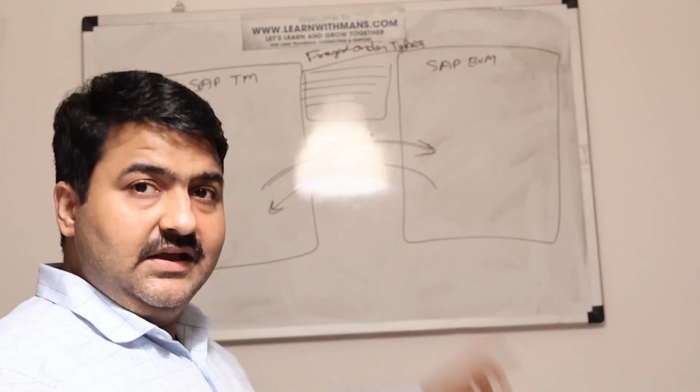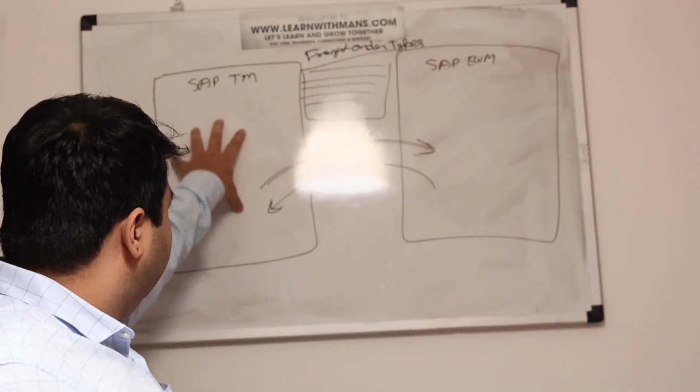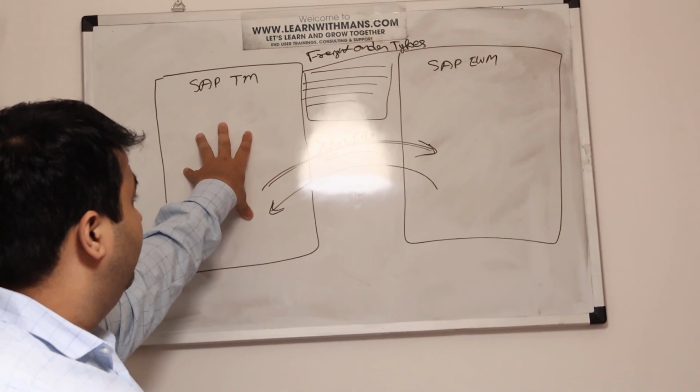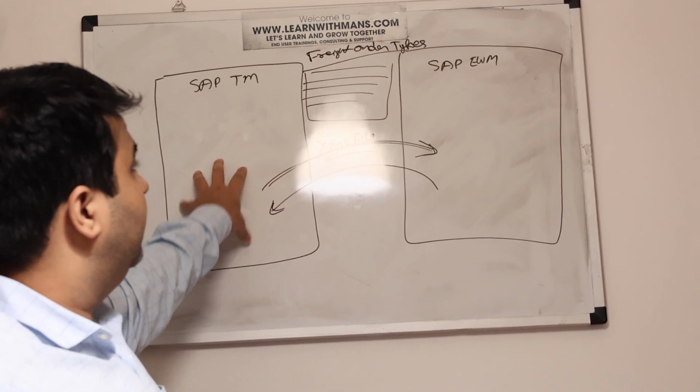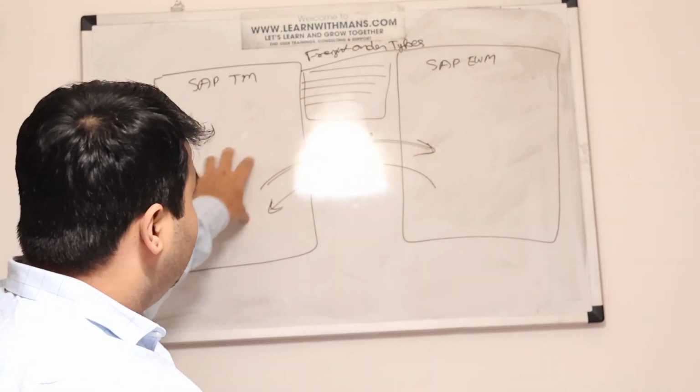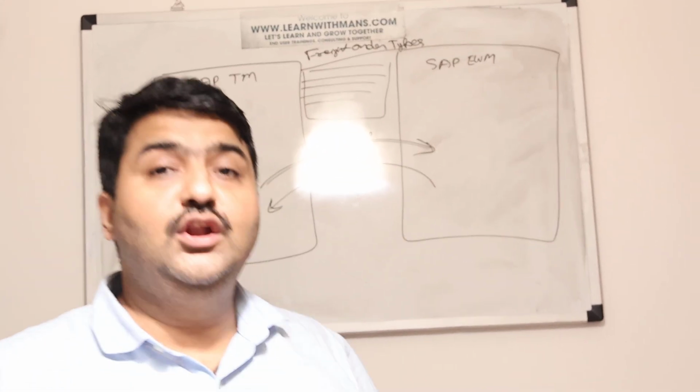So what does the XML file actually do? All the planning we perform here in the TM system will reach from TM to the EWM side. How? This XML file is a loader, like an IDOC. Simple process. This XML file works as an IDOC in the system.